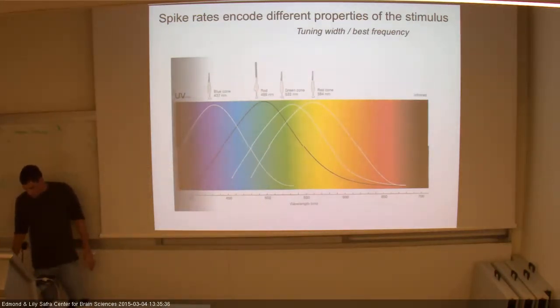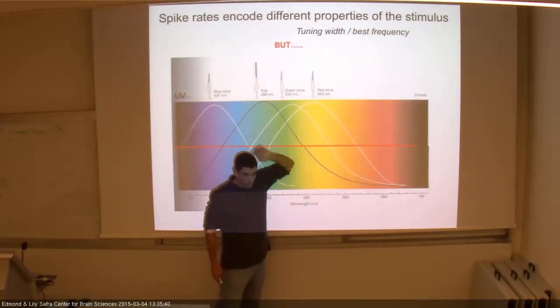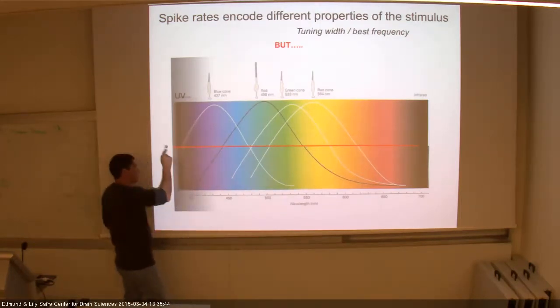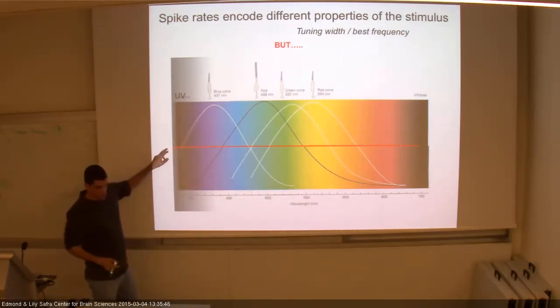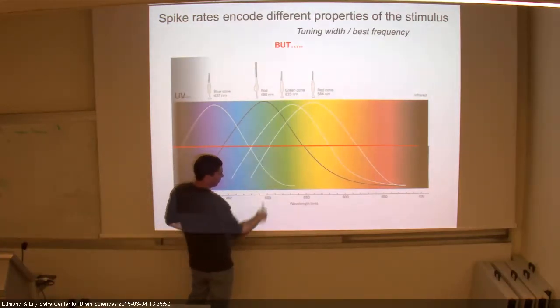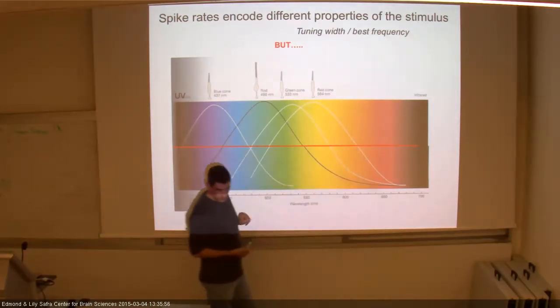Now, of course, if you're only looking at the red cone, in this case, and it gives us hyperpolarization of, say, 10 millivolts, we don't know if it's 500 nanometers or 620 nanometers.